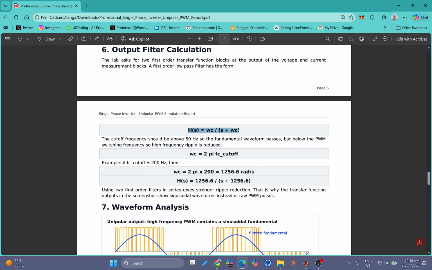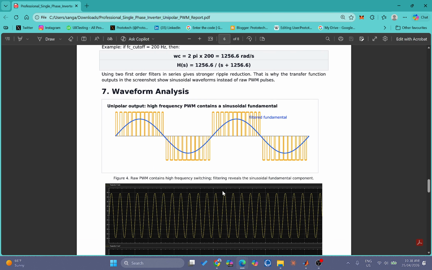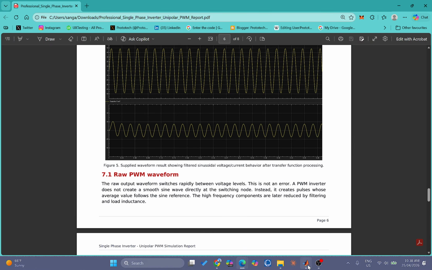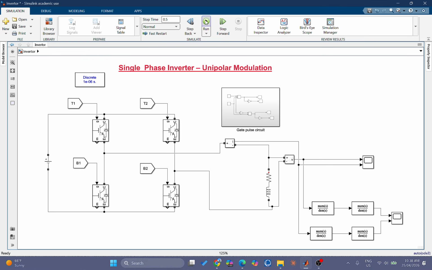By using this, we are reducing the ripple. Okay, I will run the simulation once and show you.